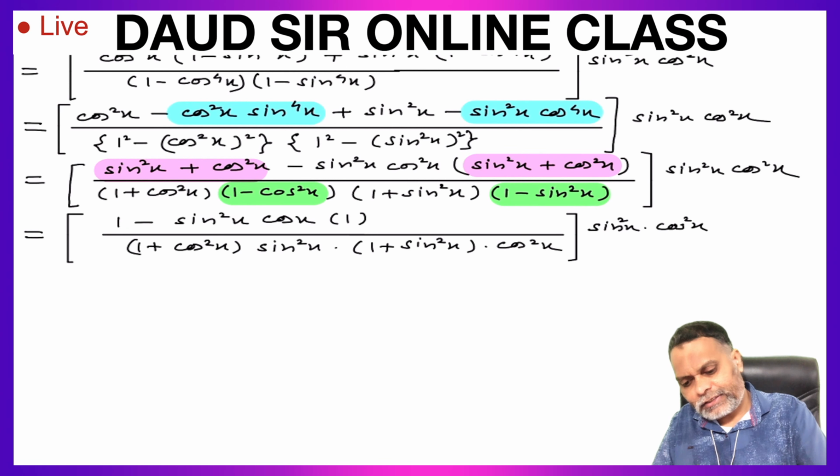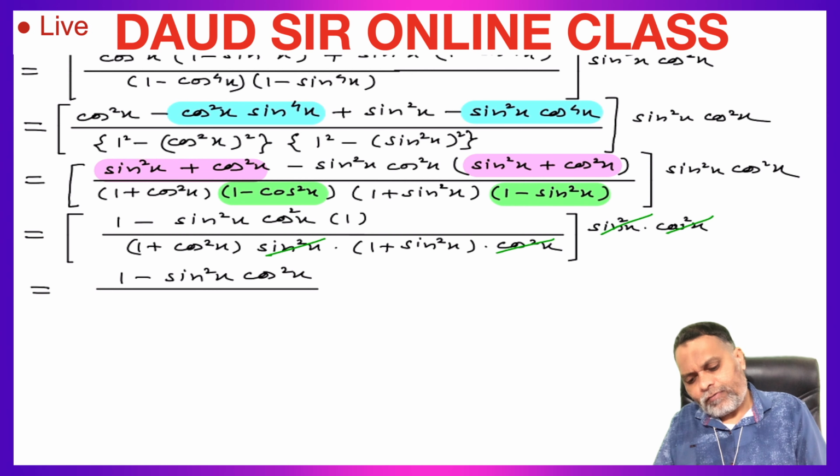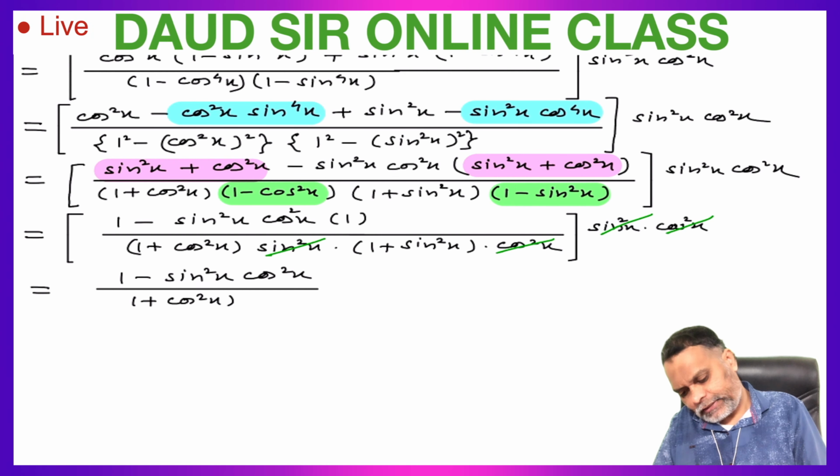Now cancel this sine square x, cos square x, sine square x, cos square x, which is equal to 1 minus sine square x, this is cos square x, into cos square x, upon 1 plus cos square x into 1 plus sine square x.